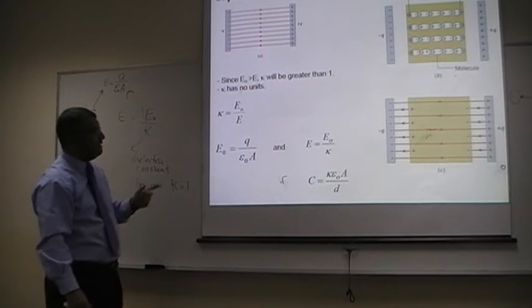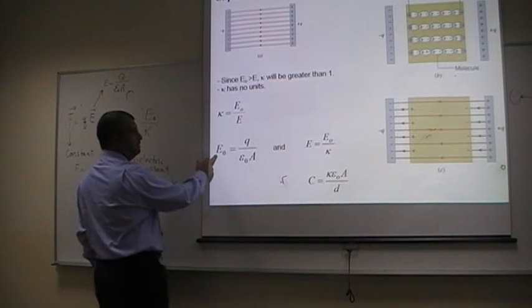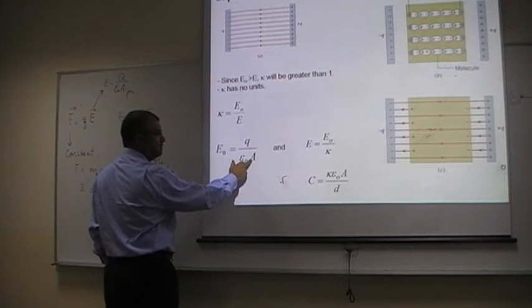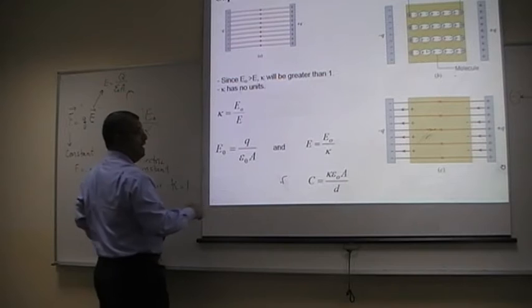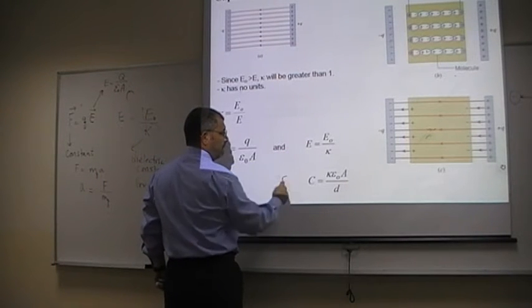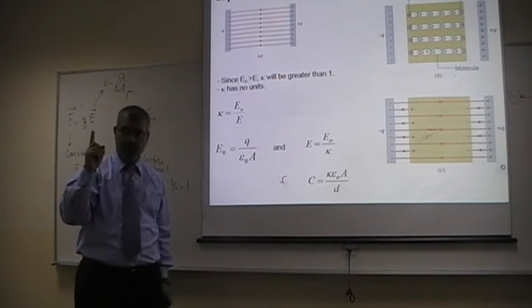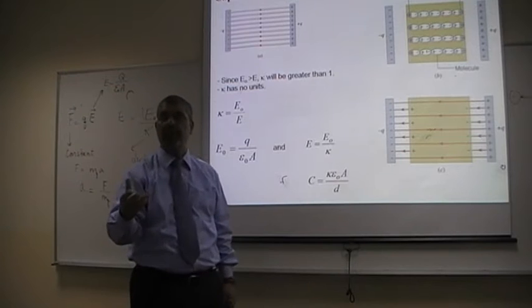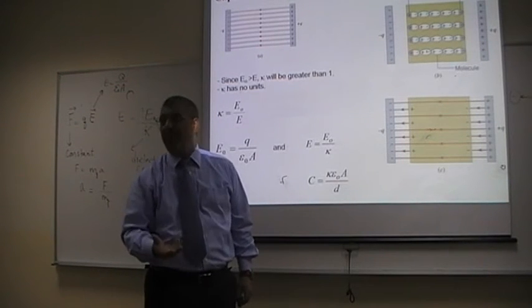Now the other thing, if you follow with me here: the electric field is defined as Q over epsilon naught A, something that we defined here, right? And E is, remember, reduced by kappa. And C will be increased. Remember, we said that the reason for inserting this dielectric is to increase the capacitance.